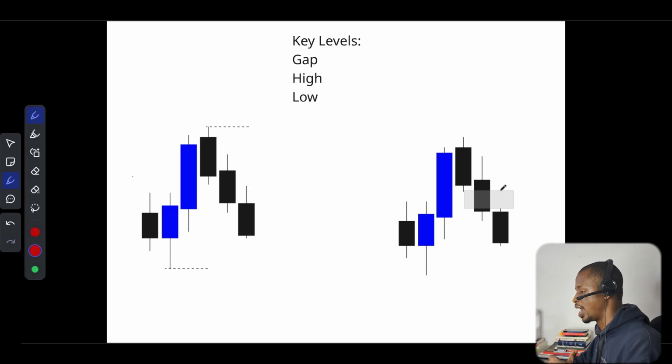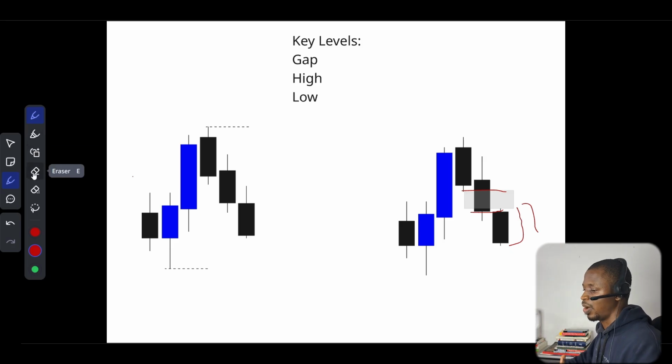Then when it comes to gaps, this is the gap, exactly the gap between this candle and this guy here. So gaps give you that confirmation. You understand? Once price trades into this gap, we may likely push from that level towards the downside.